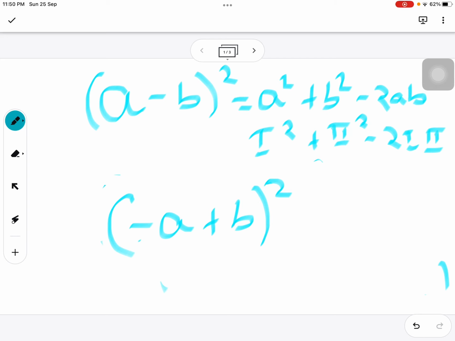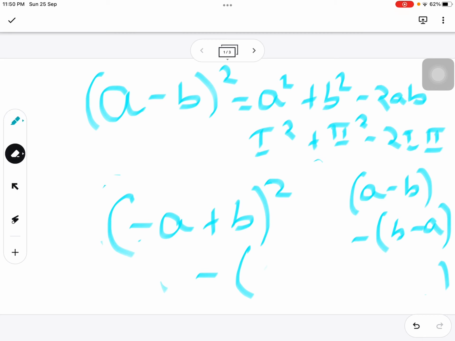So what we do, like the previous identity, is take minus sign common. When you take minus sign common, the signs get inverted. For example, if I take minus sign common of a minus b, it becomes b minus a. The signs become reverse.